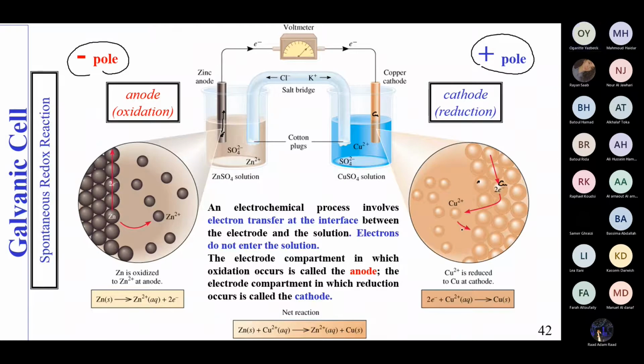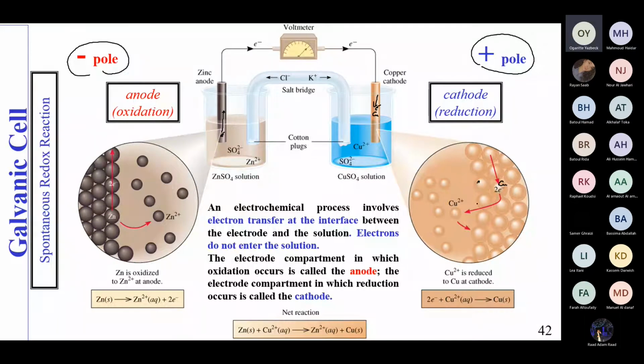Actually, the electrons are always on the pole; they don't go into the solution. So the copper 2 plus picks up 2 electrons and becomes copper. That's the reaction that's taking place.